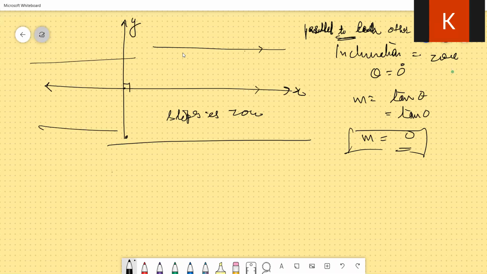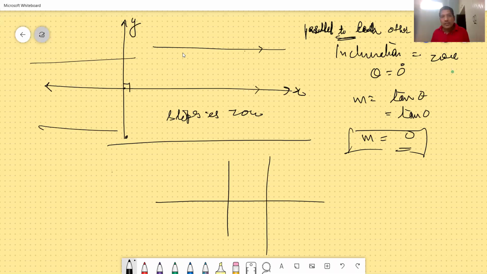Now the other point. Line is parallel to y-axis.